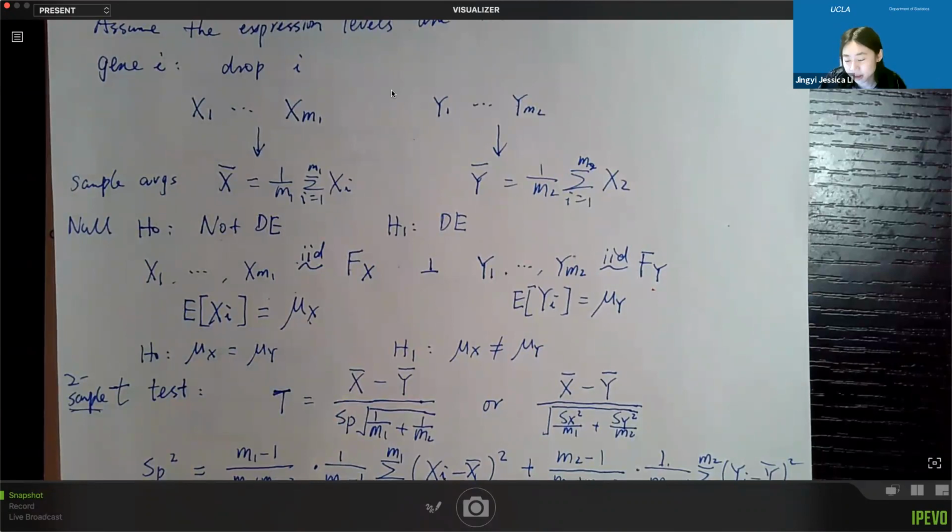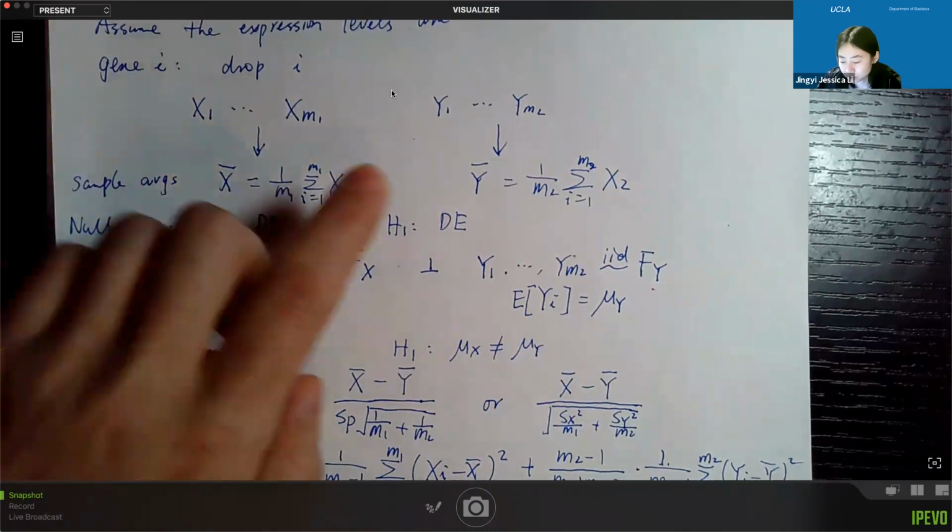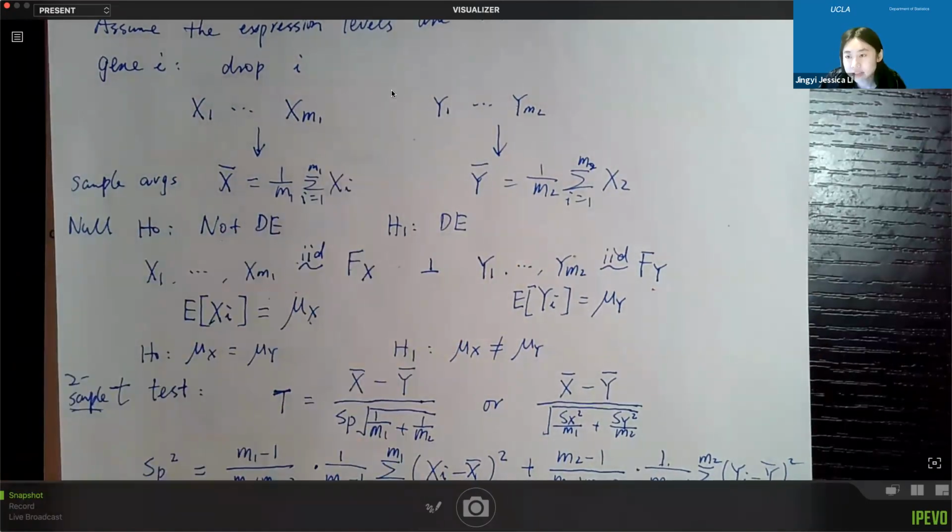But let's say that in a biological experiment, you only have 3 replicates under each condition. So in that case, m1 is 3, m2 is 3. Basically, you have no way to check whether the normal assumption is reasonable or not. In that case, I would say maybe the t-test is your best bet, given that your sample size is too small.